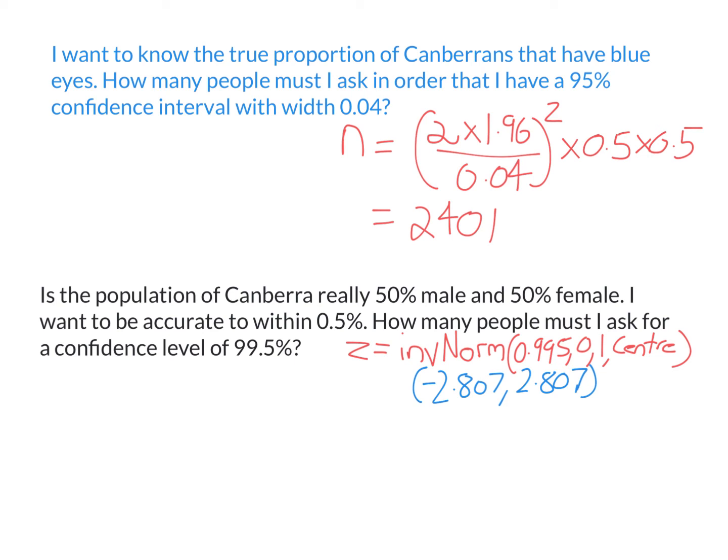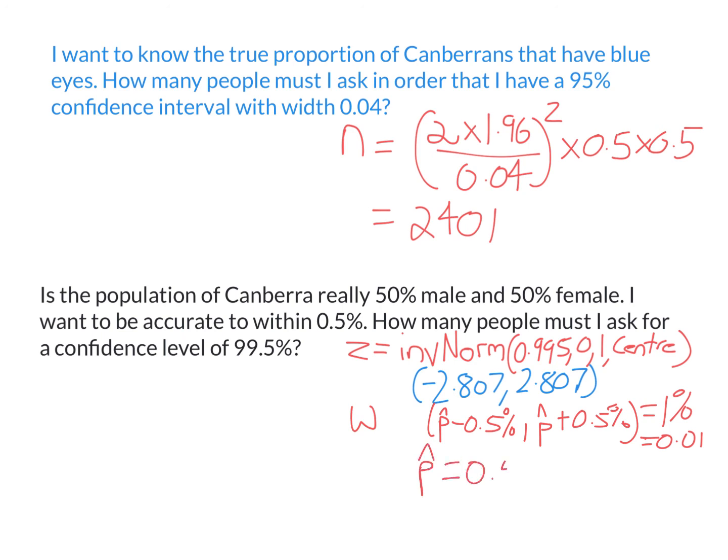Next, we need to make sure we know the value of w. So we want our interval to look like this. The distance from p hat to the lower limit is 0.5%, and to the upper limit, 0.5%. So we want the width to be 1% or 0.01. And 50% male, 50% female, again, we're going to use p hat equals 0.5.